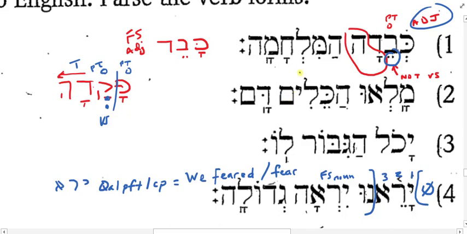The vessels are full, or the vessels were filled. Dam is a bare noun with no preposition, but you're going to add a preposition: were filled with blood or were full of blood. Okay? So it's the same kind of situation here. We feared with great fear means we were exceptionally scared.